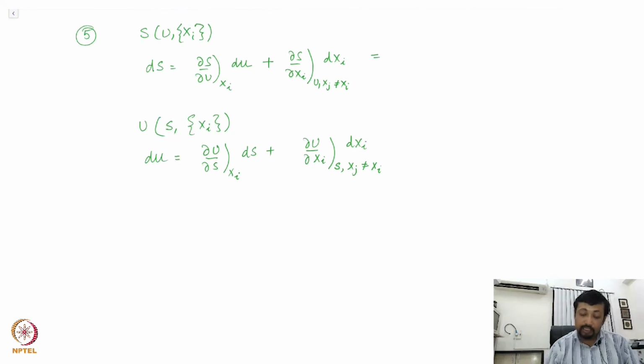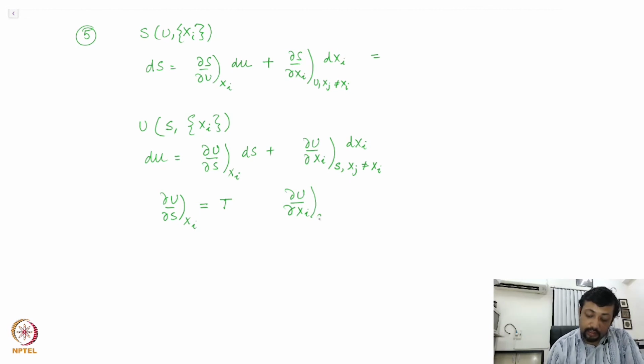And then once again you can immediately compare it with the first law and see that del U del S, xi held constant, must be T, and del U del xi, entropy and xj not equal to xi held constant, must be equal to Fi over T.